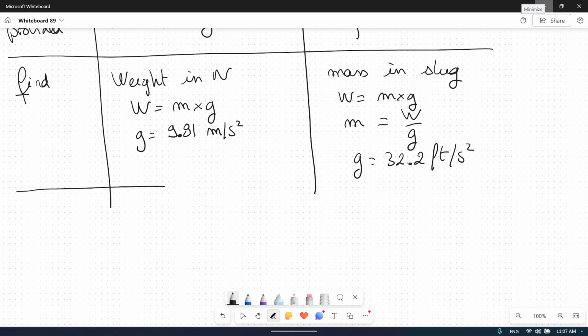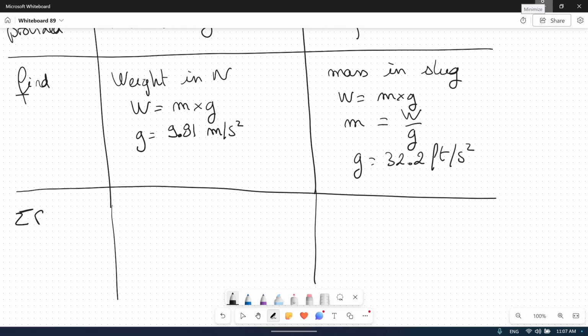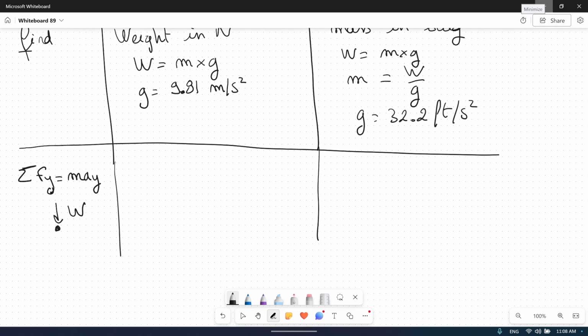That means that when you have a problem, and we will focus more on dynamics, let's say the sum of the forces on Y equals M A_Y, something like this. And we have a particle, and we have the weight, and let's say we have some other force F1Y, and also F2Y, and we have the acceleration.